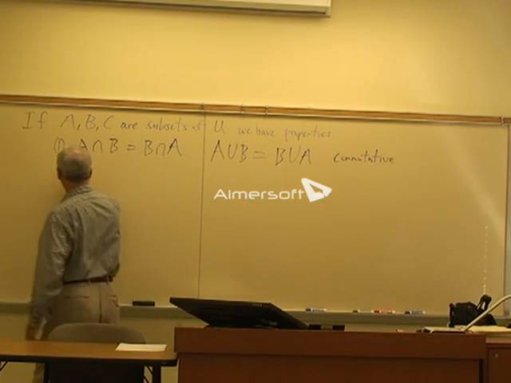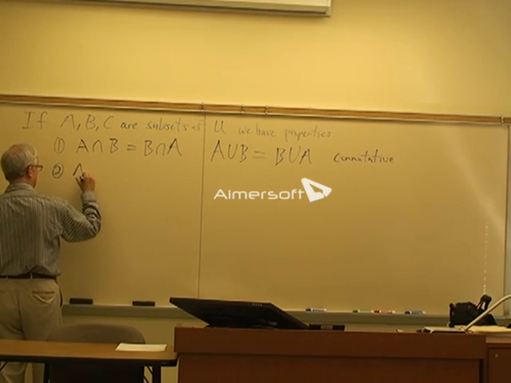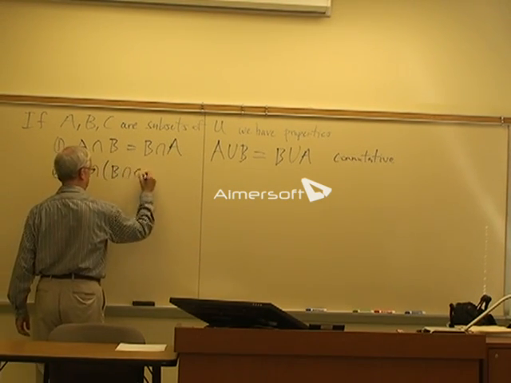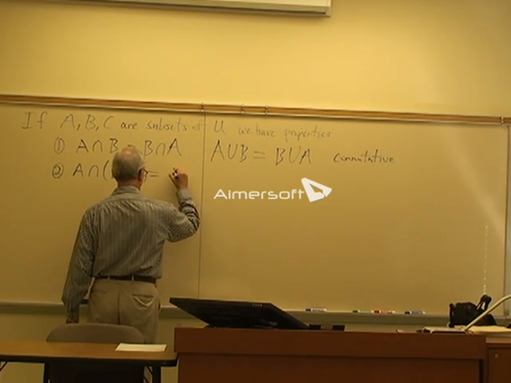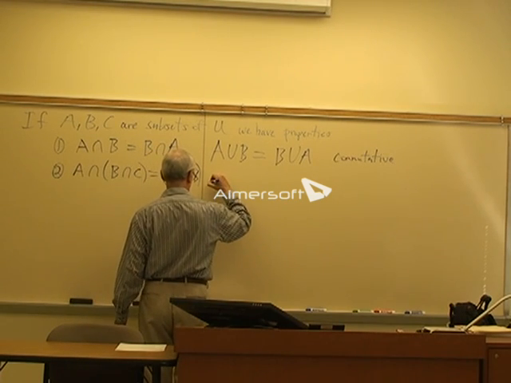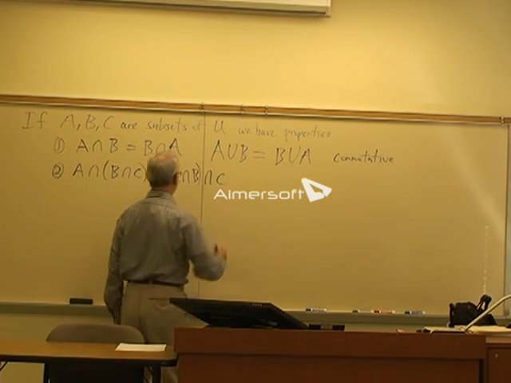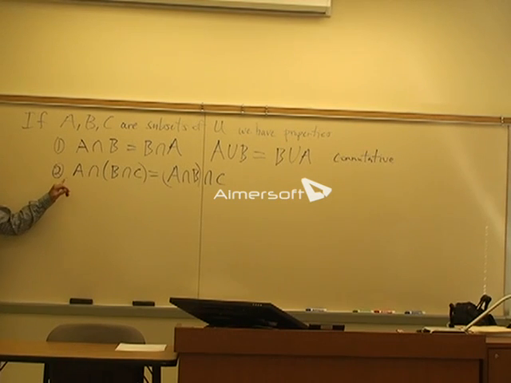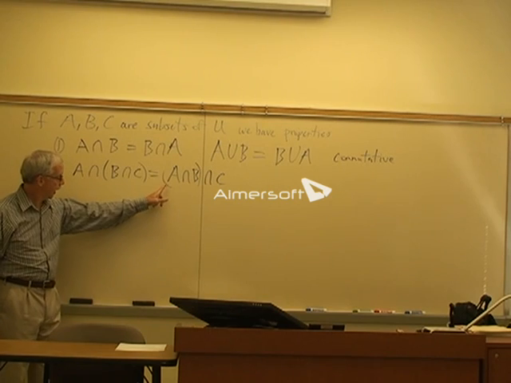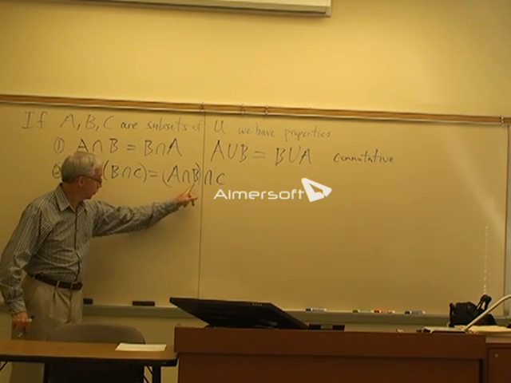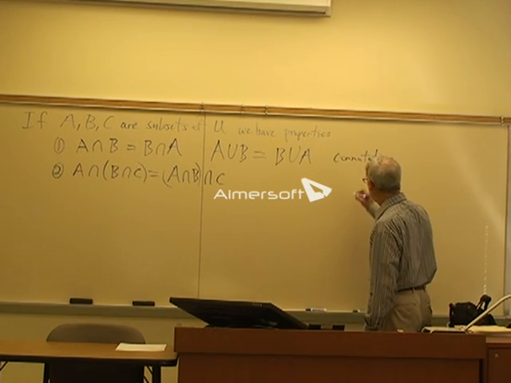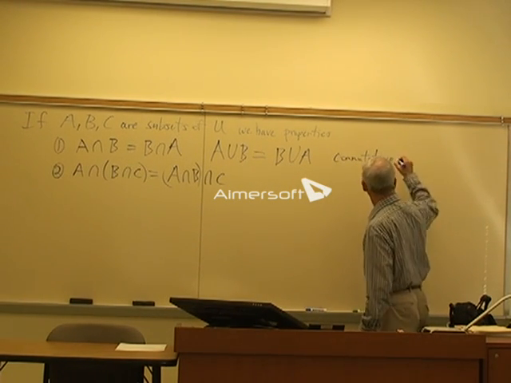Property 2. If I intersect A with the intersection of B and C, I get the same result as taking A intersect B and then intersecting it with C. An easy way to see that is with a picture.